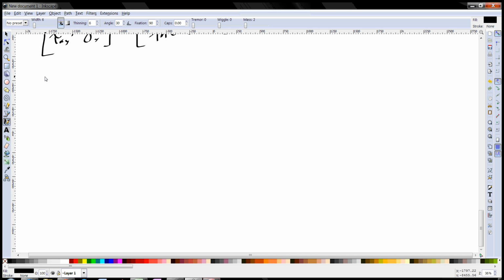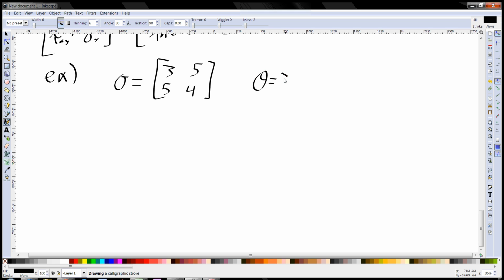So taking a look at an example of how to apply that for a 2D case, of course. You've got a stress matrix, and we'll say that that's equal to 3, 5, 5, 4. And let's say you want to rotate your axis an angle of 30 degrees.